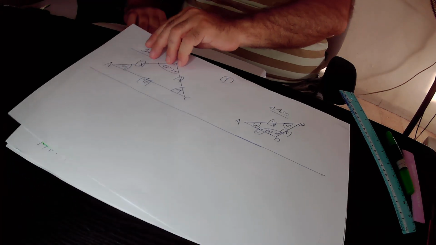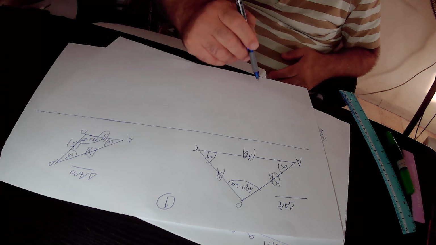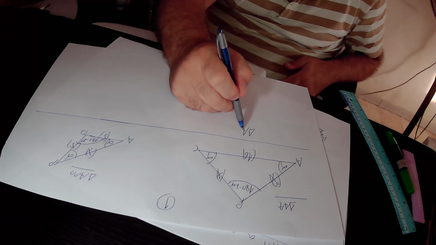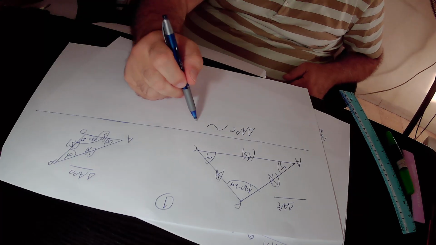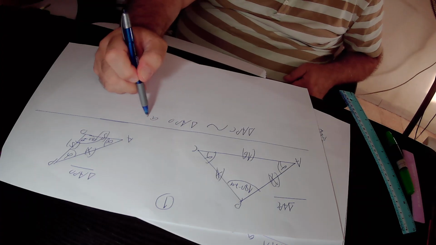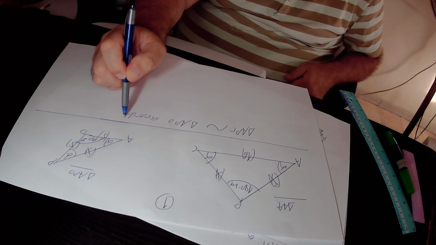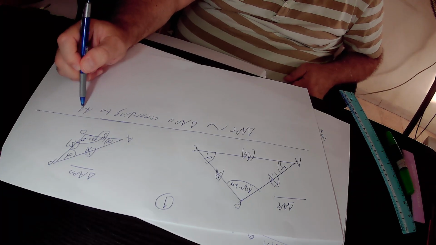So I write it down, and we found out that the big associated triangle, triangle APC, is similar, this is the sign of similar, to the small associated triangle, triangle APO, according to angle similarity rule.